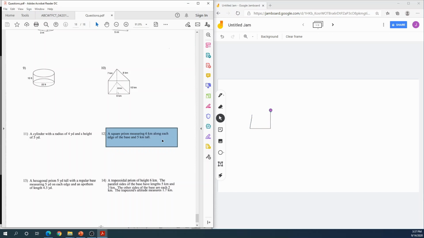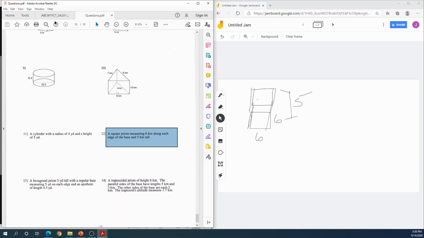But we know that we have 6 kilometers along each base, and the height of it is going to be 5 kilometers.